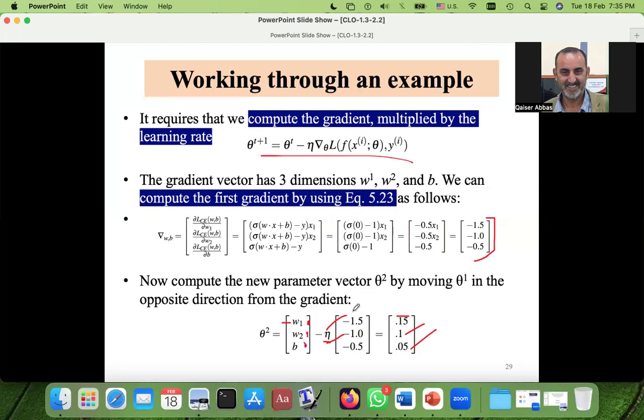Then again, 0 minus this, you will have the same result. Now, these are the values of the weights W1, W2, and bias for theta 2, for the time 2. Now, the new weights for your theta.